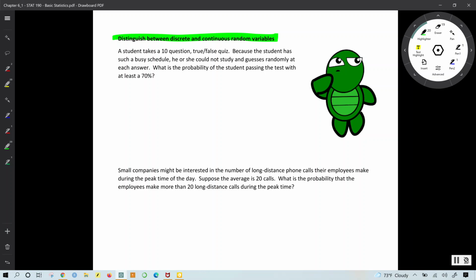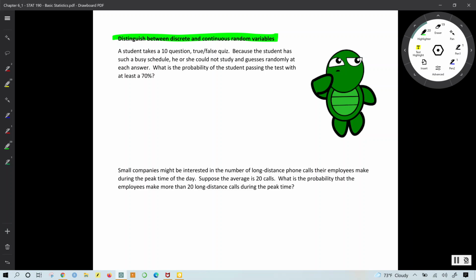Here's the punchline. If you have to count to get the values, then more likely than not, you're dealing with a discrete random variable. Otherwise, if you have to measure to get its possible values, then you're dealing with a continuous random variable.